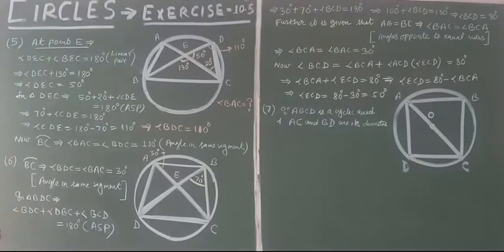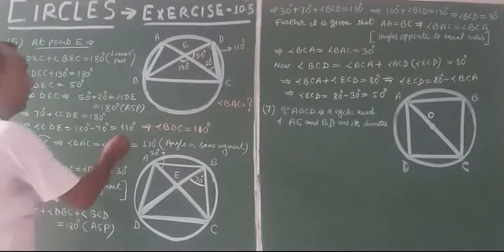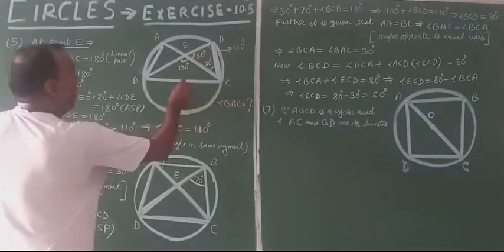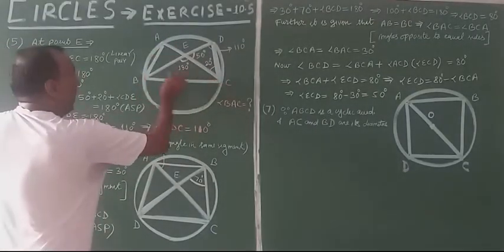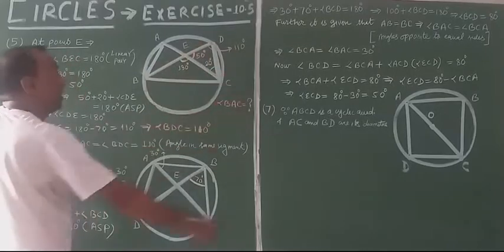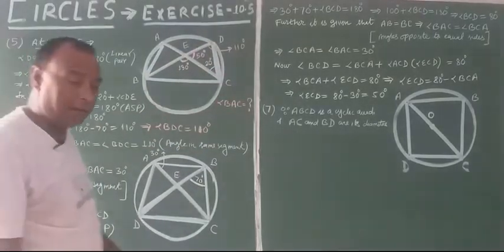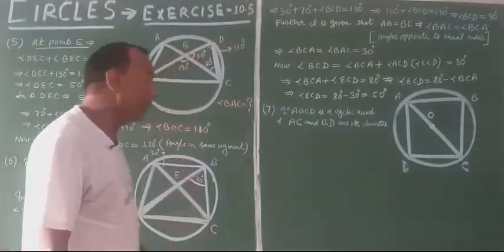Now, look at this arc BC. Arc BC is subtending angle BAC and BDC in the same segment, and the angles in the same segment are equal.